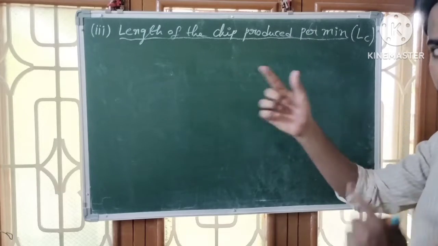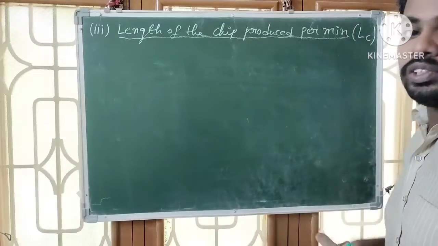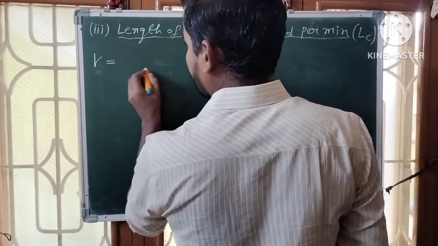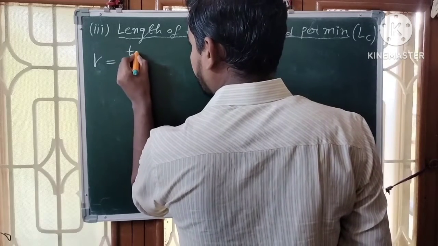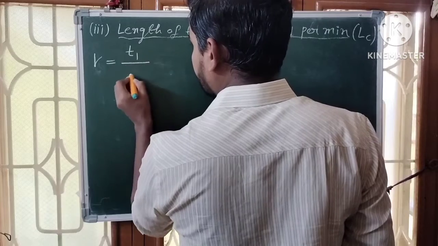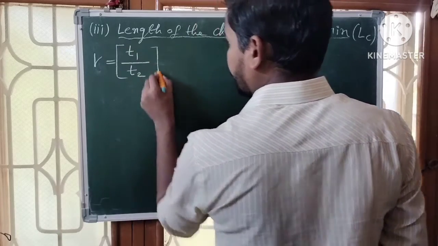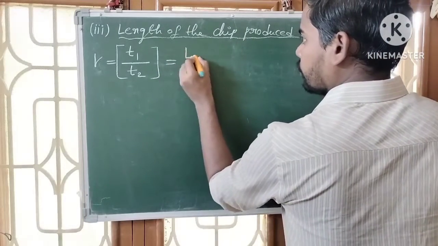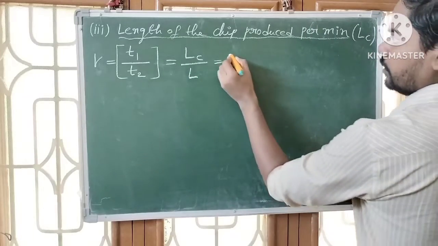Remember, we are producing continuous chips. In general, chip thickness ratio is equal to uncut chip thickness by chip thickness after cutting, which is also equal to LC by L.